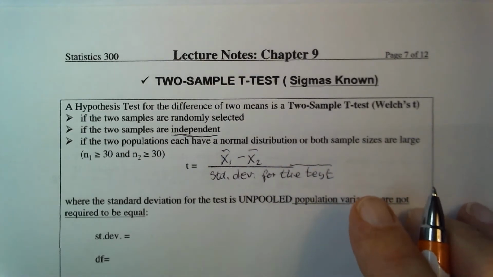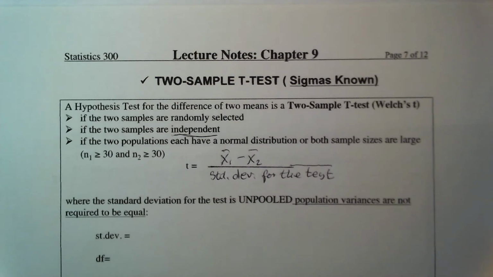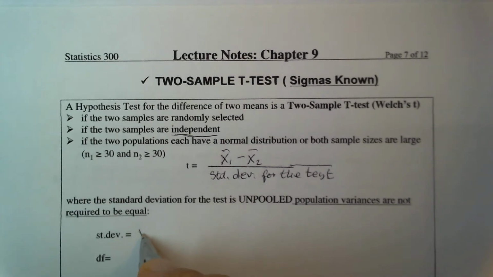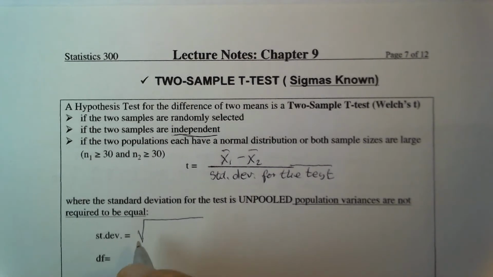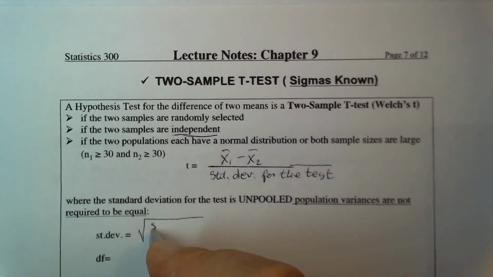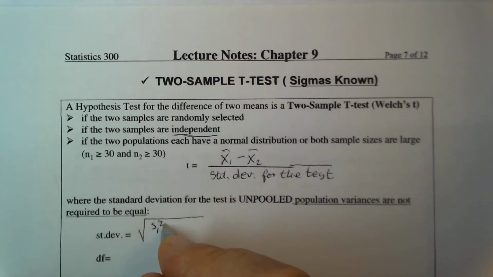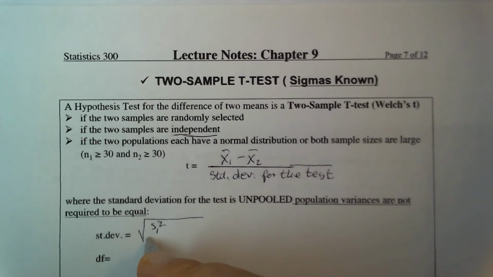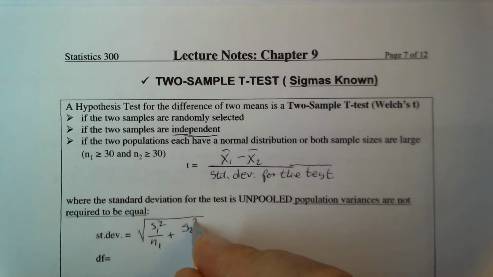And the standard deviation for the test is unpooled. So the population variances are not necessarily equal. And so in that case, the standard deviation is equal to the square root of s sub 1 squared divided by n sub 1 plus s sub 2 squared divided by n sub 2.